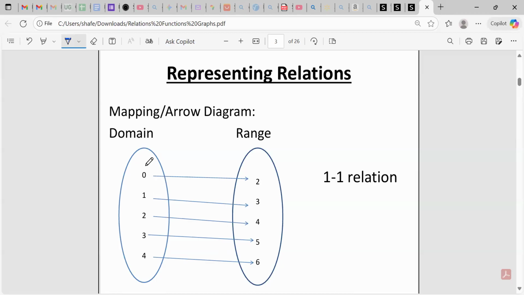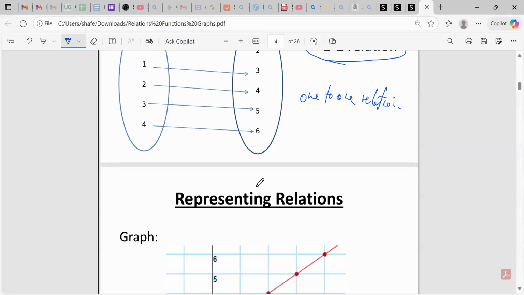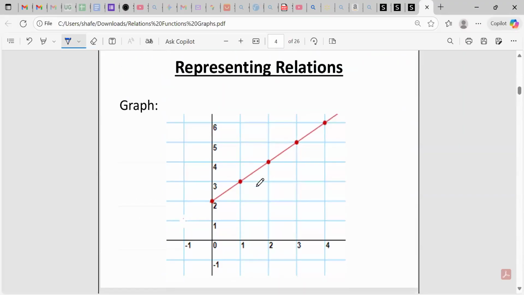And because you're seeing that one of this maps onto one of that, and you're seeing that pattern recurring over and over, we call this a one-to-one relation. Follow so far?